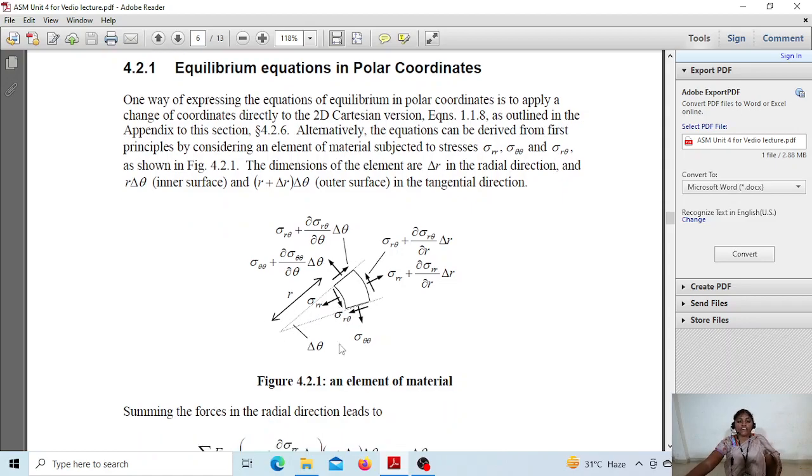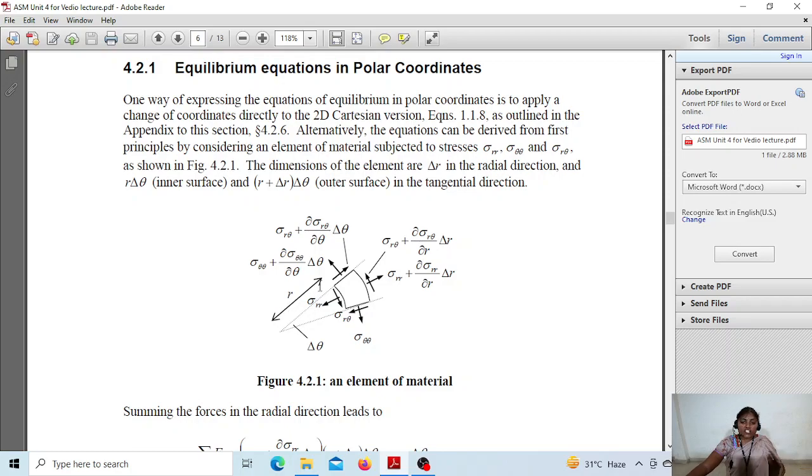Now let us take a strip of a circle, that is an arc of a circle, as shown in the figure. In the radial direction your stress is sigma rr.